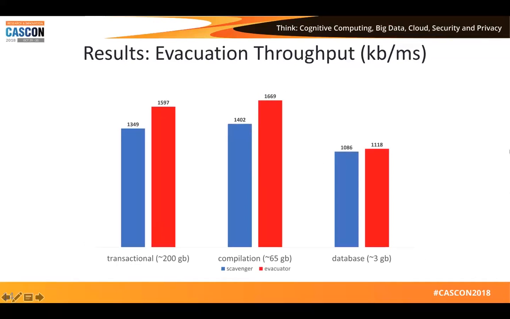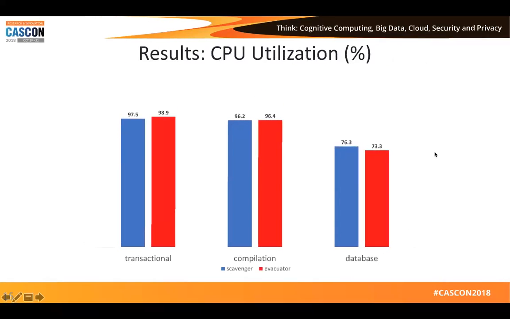They're like 7 or 800 kilobytes, and you've got 8 threads competing to evacuate this stuff. So the threads are stalling in both cases. You can see it here. We're stalling about 25% of the time in both cases, Evacuator and Scavenger.